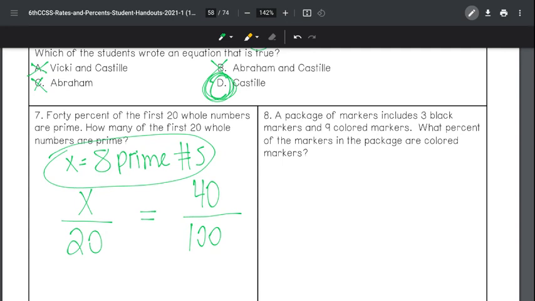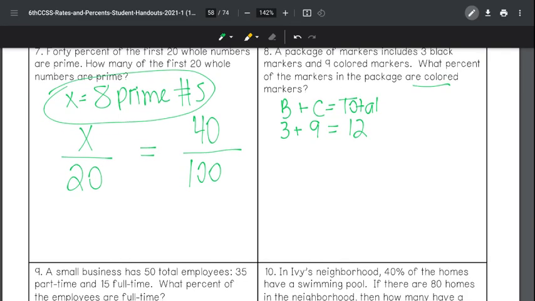Number 8, a package of markers includes 3 black markers and 9 colored markers. You have to do your black markers plus your color markers to find your total. What percent of markers in the package are colored? So 3 markers plus 9 markers means the whole package had 12 markers. To figure out what percent are colored, we have to do color over total.